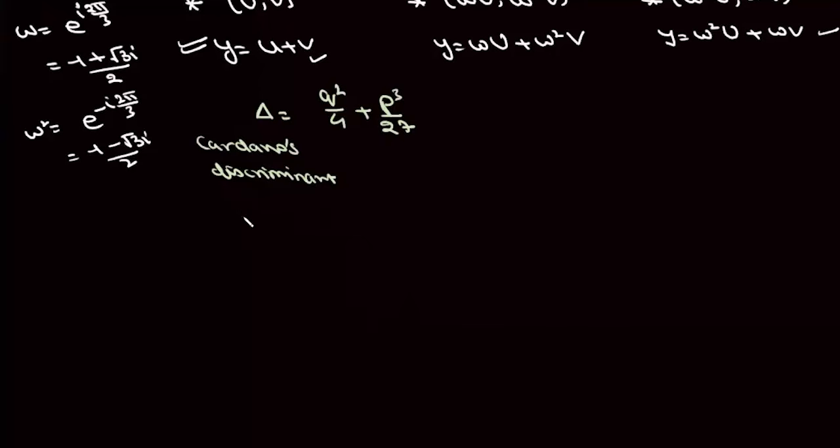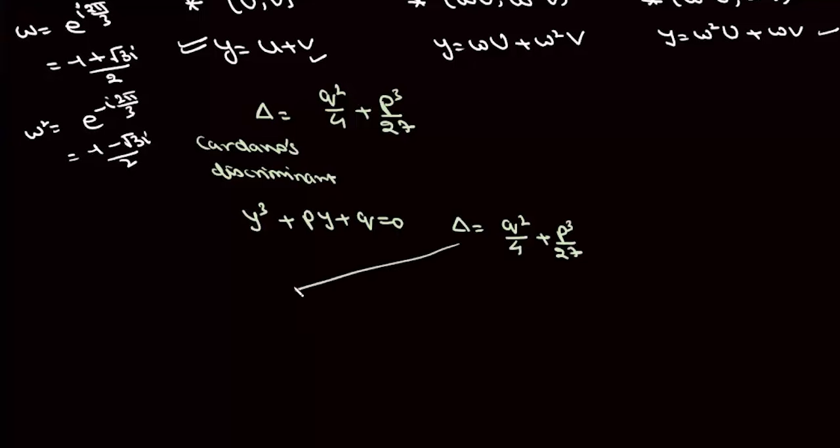Whenever we convert a cubic equation into a depressed cubic, y cube plus py plus q equals 0, we'll calculate this delta, which is q square by 4 plus p cube by 27. We'll have three cases.